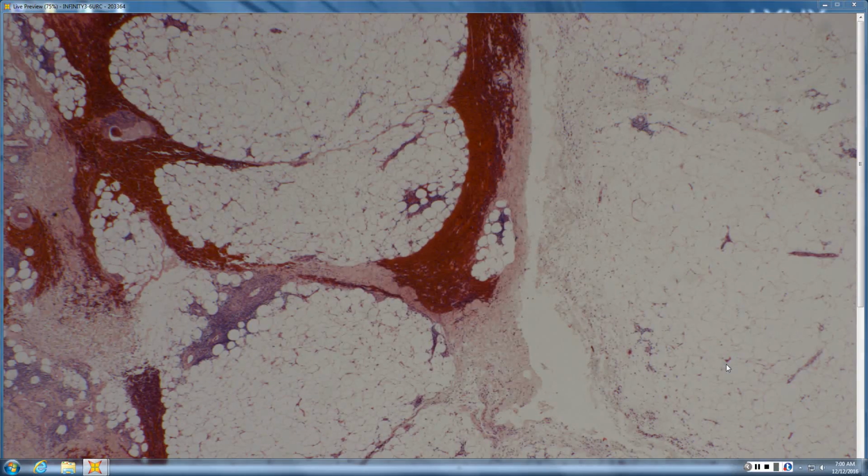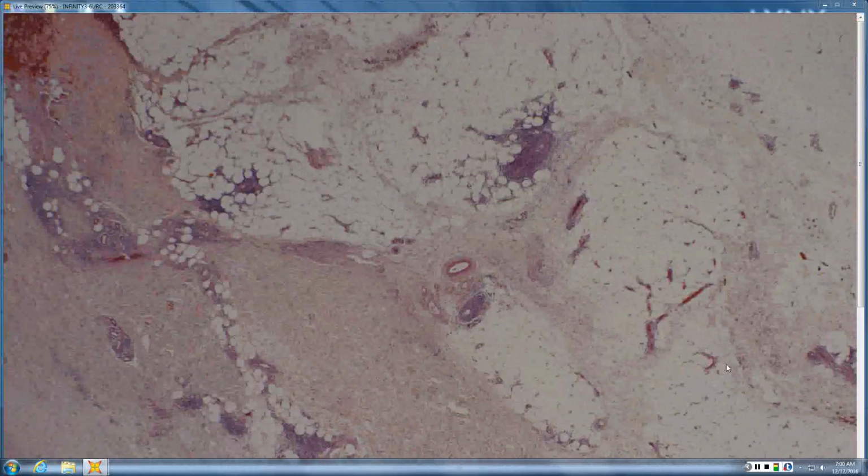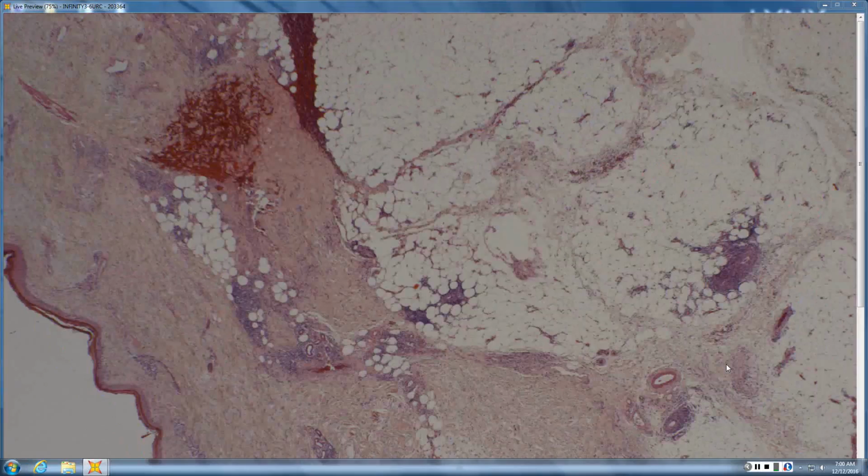It just looks different than the surrounding purple stuff, right? It's more multicolored than straight purple. I prefer Congo red, but that's just what I've been trained with.